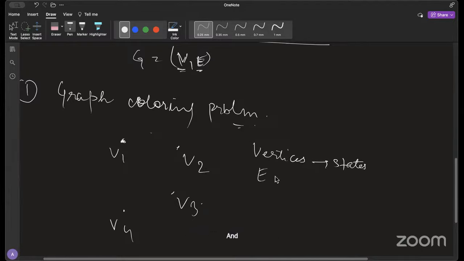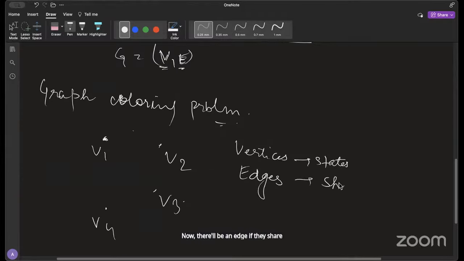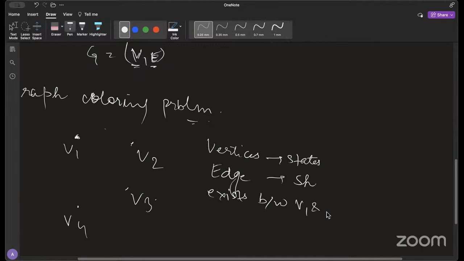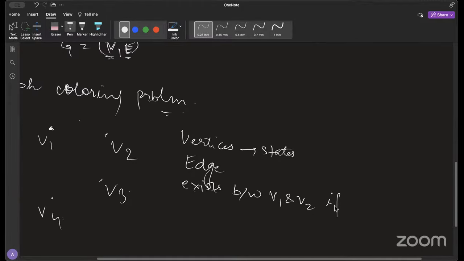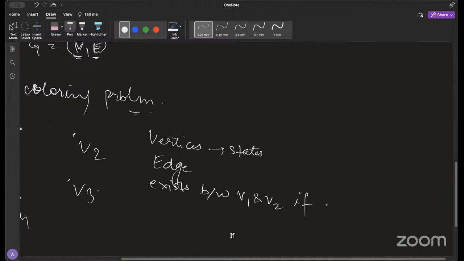And your edges: an edge exists if these two states share a boundary.